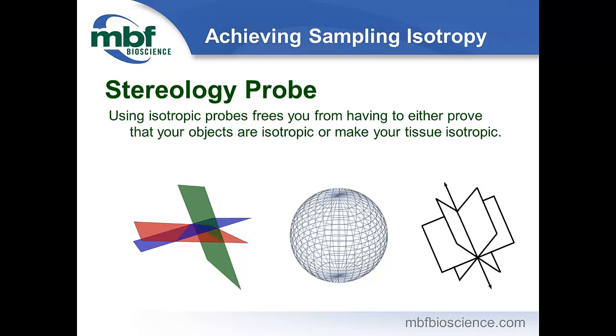Or you can reach isotropy, that randomness in the 3 dimensions, using a combination of those 3 things. That's a good transition into the second part of the talk, where we're going to take each morphometric parameter and talk about the probes that we recommend, the easiest and most efficient ones, and how isotropy is achieved and whether you can use thick or thin sections.